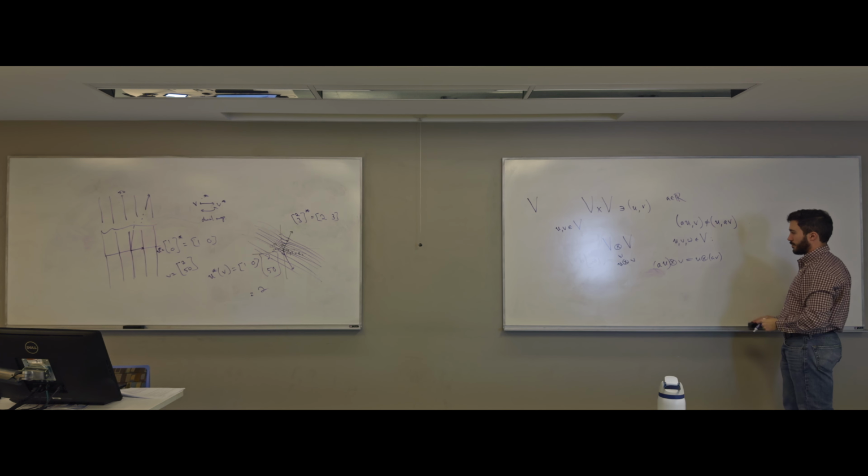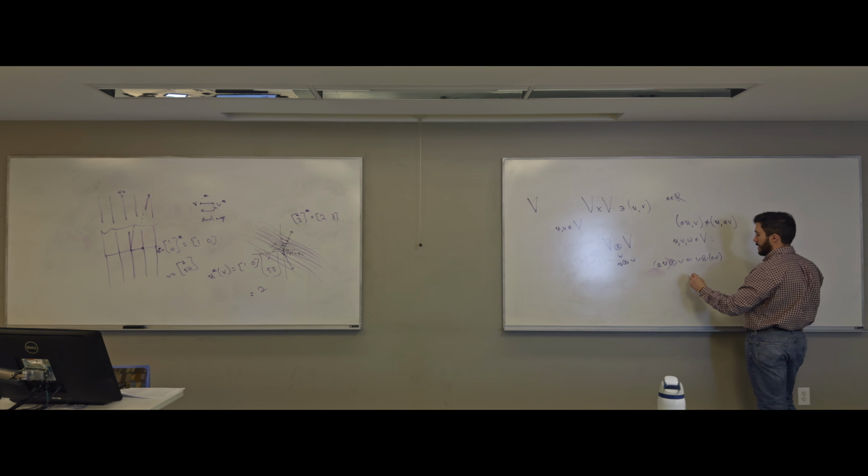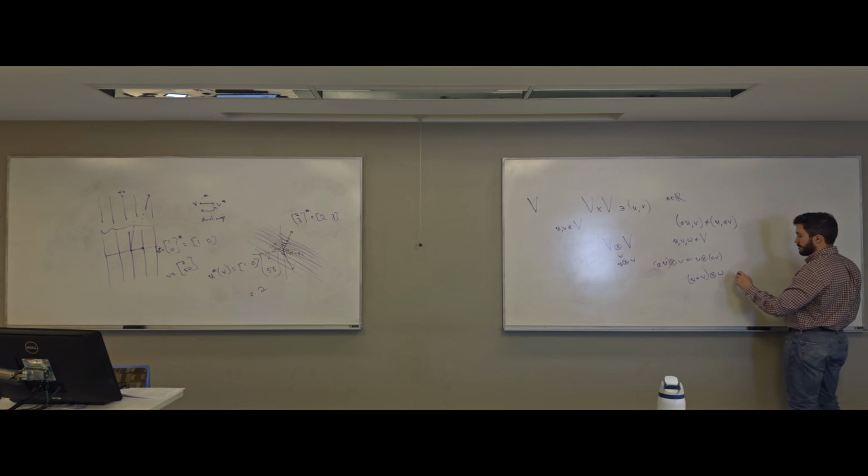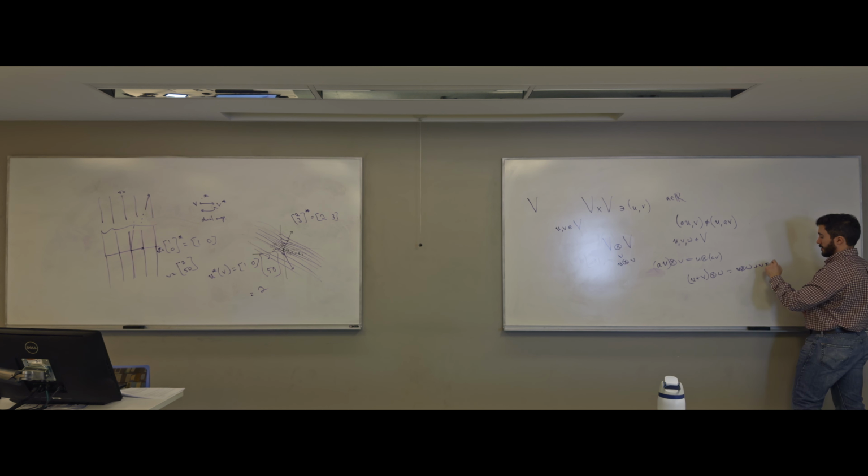But the idea should be clear from what I'm doing here. You have the following property. U plus V is a vector in V. And you can tensor product it with W, which is another vector in V. And this happens to be equal to this. U tensor product W plus V tensor product W.